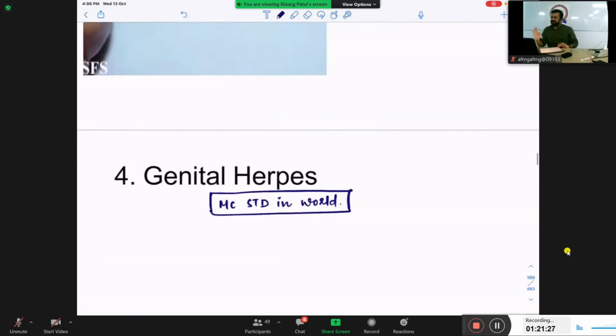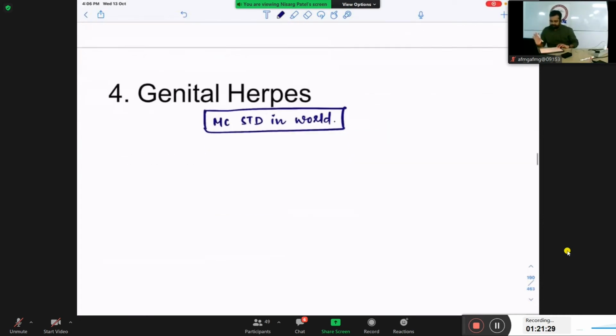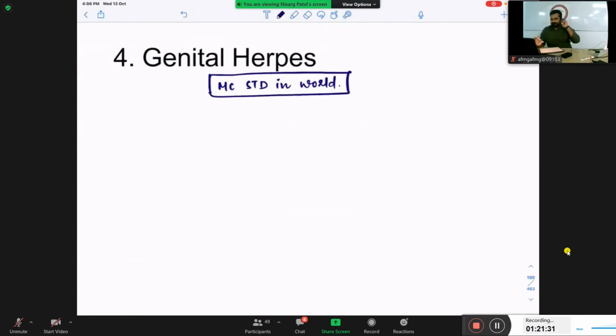The treatment of all of these is acyclovir. Most common sexually transmitted disease in the world is genital herpes, caused by HSV2. HSV2 is the most common cause of genital herpes. It is not an absolute rule, but yes, most common is HSV2.